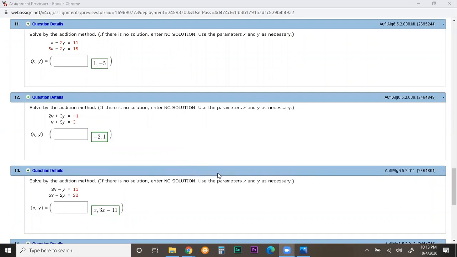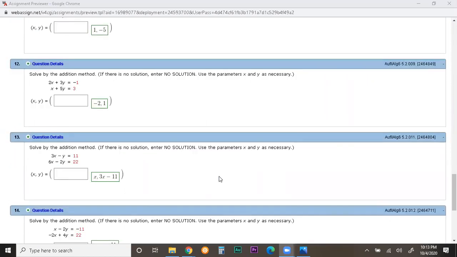But remember, all of our rules still apply as far as it being a definite solution, which is an ordered pair, no solution, meaning the lines don't intersect, or infinitely many solutions. Okay, so let's look at number 12 and number 13.